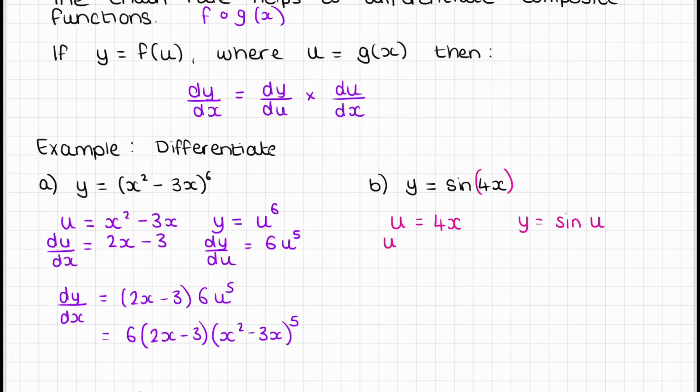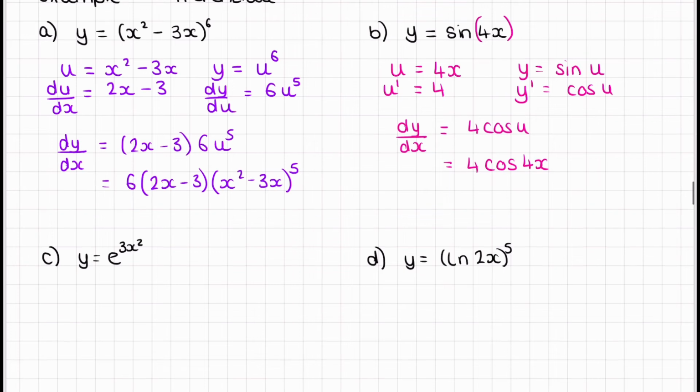Do the derivative of each of these. The derivative of u will just equal 4, and the derivative of y will equal cos u. Then for our final derivative, we just multiply these together, which will give us 4 cos u, and then we can sub u back in, which will give us 4 cos 4x.